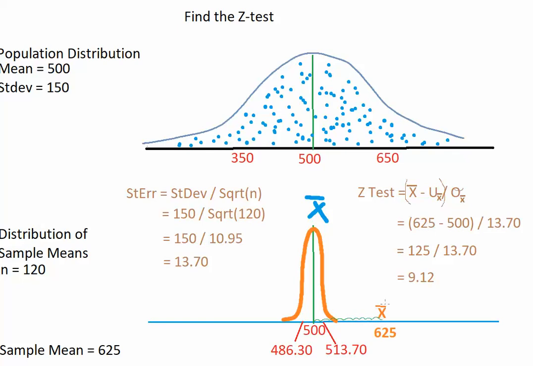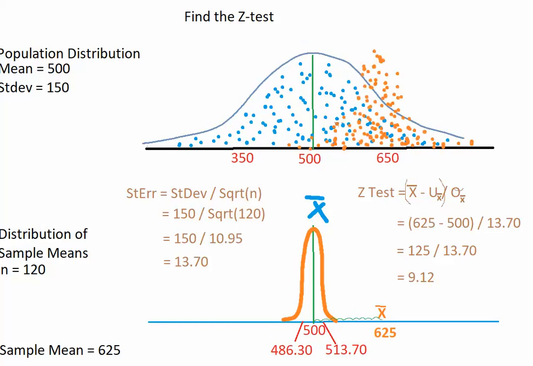Keep in mind that whenever you get a z-score or z-test of like 3 or -3, if it's more than 3 standard deviations or standard errors away, the probability of that happening by chance is really small. So if it's 9 standard errors out there, we've got a better chance of getting hit by an asteroid in the next 5 minutes and the Earth blowing up than we do of this happening again anytime in someone's lifetime. So that is to say, it'd be extremely unusual to get 120 scores whose average was 625.